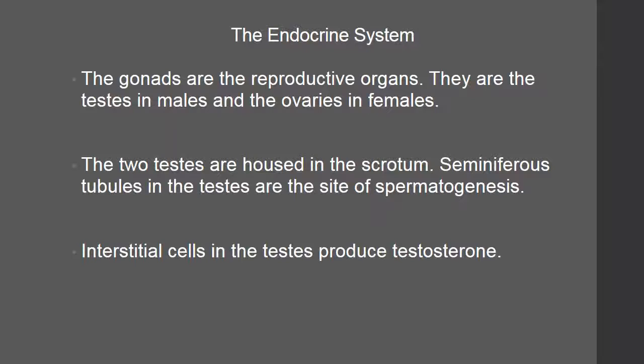Interstitial cells, the ones kind of between things, in the testes are responsible for production of testosterone. Remove the testes, most of the testosterone goes away. You can still get a little bit from the adrenal cortex, but 99.9% of it is removed with the organ, with the testes.